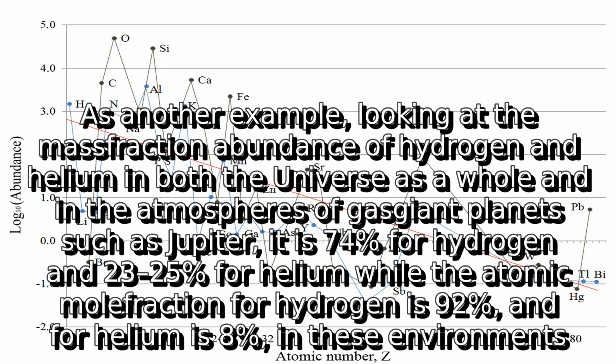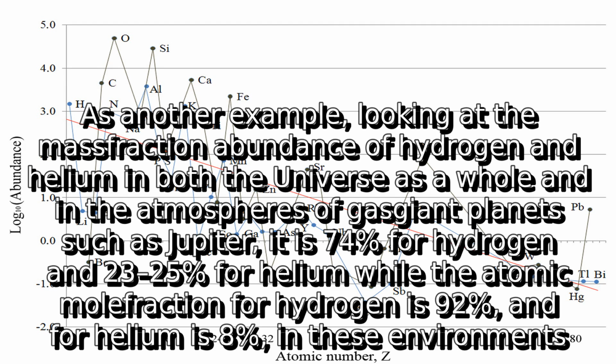As another example, looking at the mass fraction abundance of hydrogen and helium in both the universe as a whole and in the atmospheres of gas giant planets such as Jupiter, it is 74% for hydrogen and 23 to 25% for helium, while the atomic molar fraction for hydrogen is 92%, and for helium is 8%.